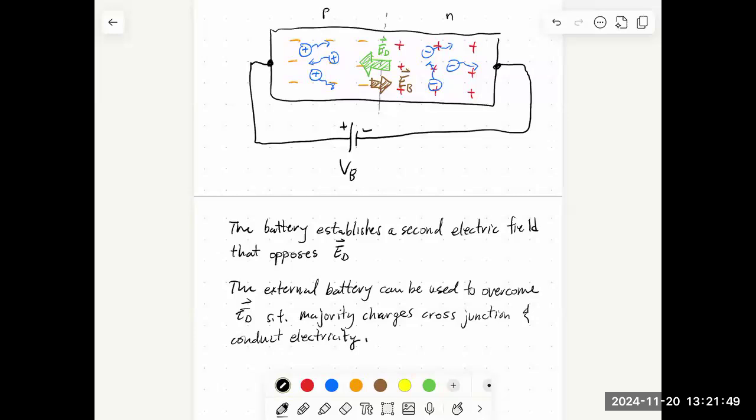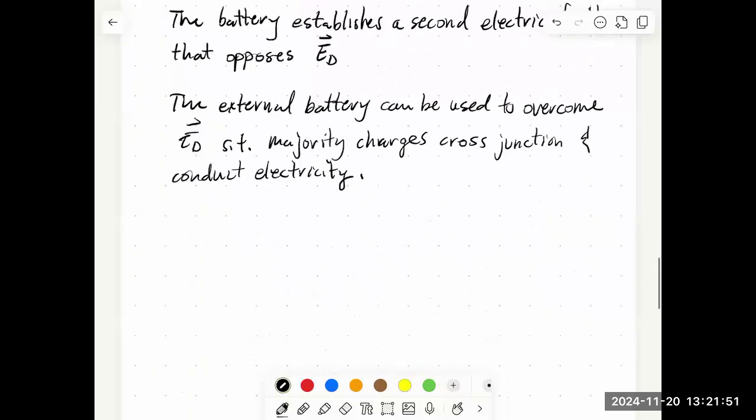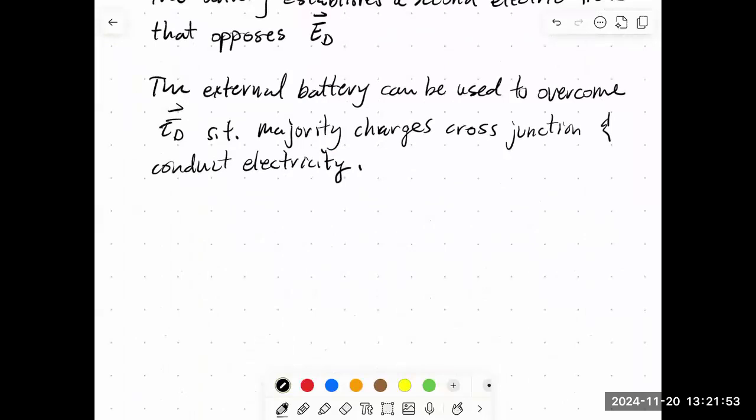But let's see if we can be more quantitative than that. So now I net is equal to I left plus I right, like before. I left was the majority charge carriers trying to cross this junction.